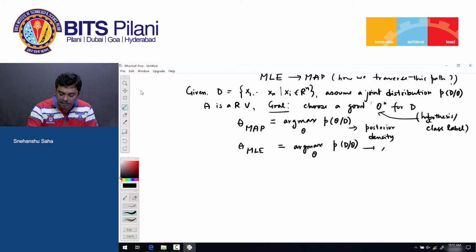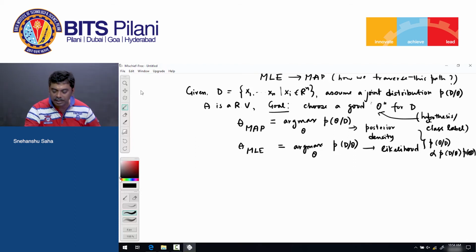This is just the likelihood function. How are these two related? It's a Bayesian interpretation: you compute the posterior by using the likelihood and the prior together. What we were doing earlier was just considering the likelihood itself, not the prior. So this part is the MLE part.